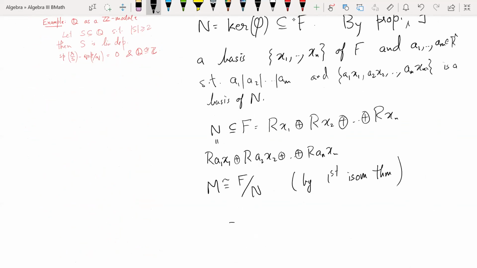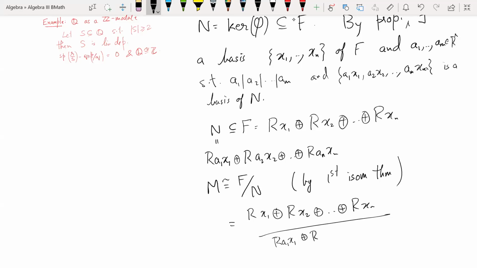It is R x1 direct sum R x2 direct sum up to R xn, modulo the submodule R a1 x1, and so on.